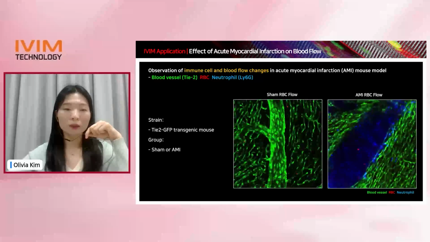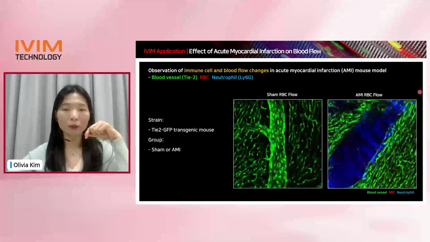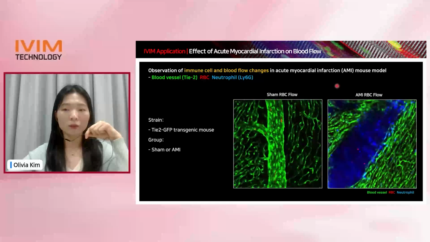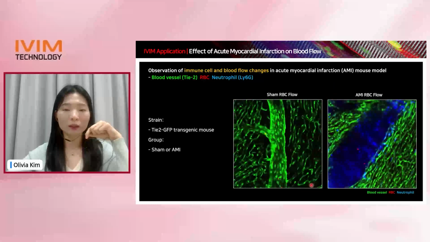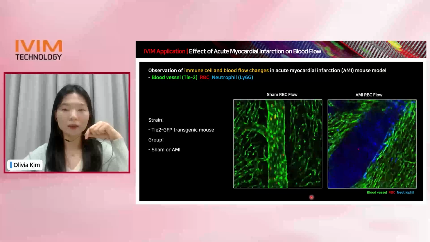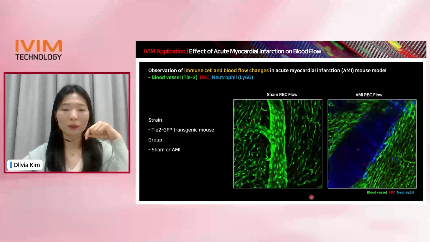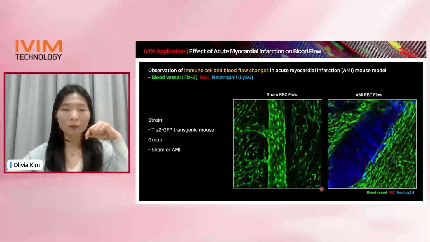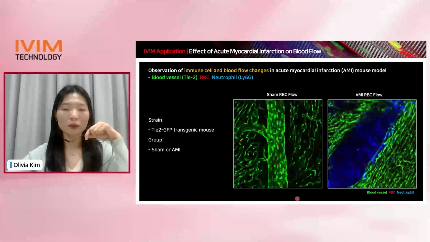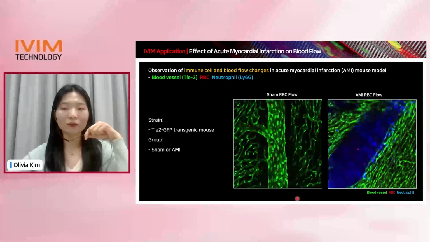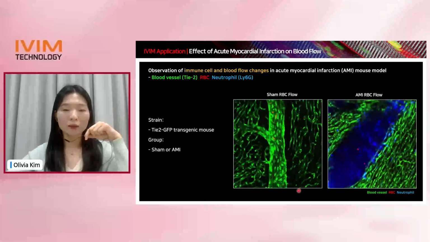First, this shows a comparison of blood flow imaging between the sham group and infarction model. The green represents vasculature in the transgenic mouse. The red indicates red blood cells, and the blue corresponds to neutrophils. In the sham condition on the left, red blood cells are flowing normally within the vessels, and neutrophils in blue are barely observed.